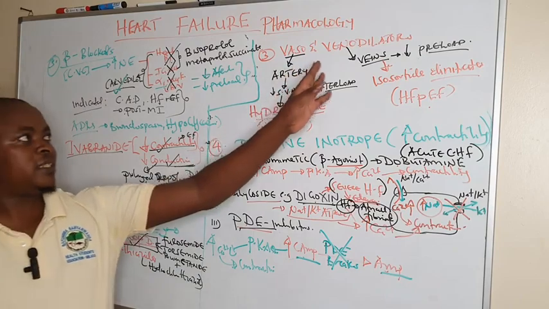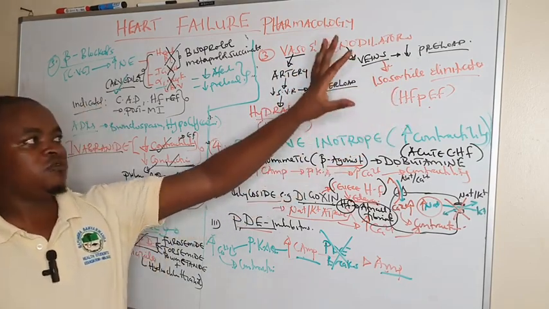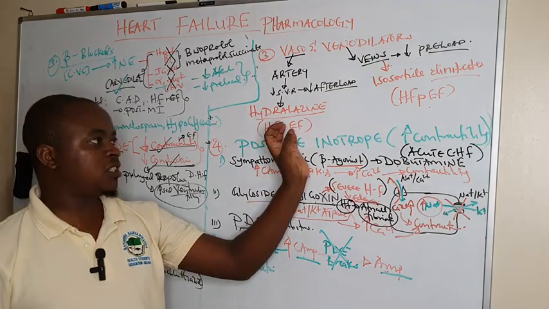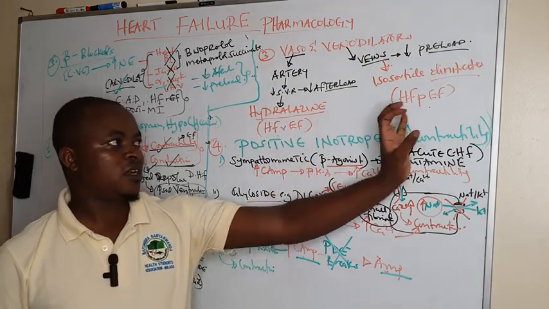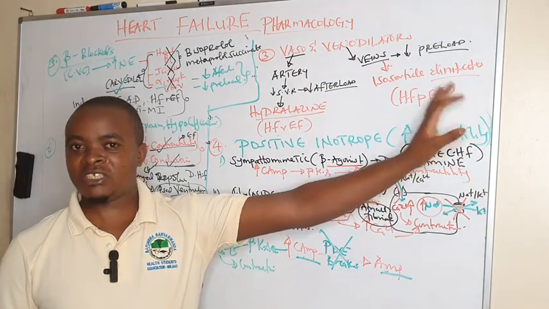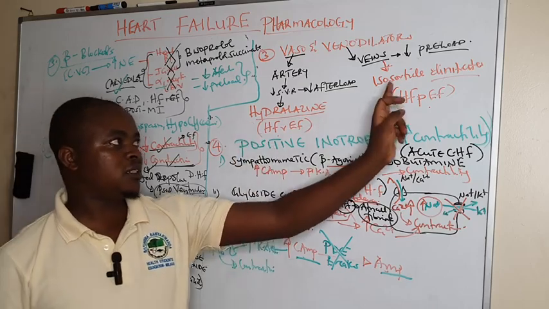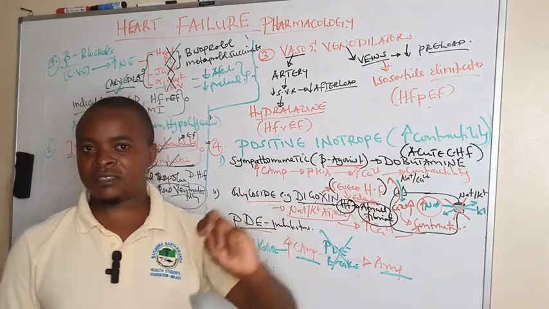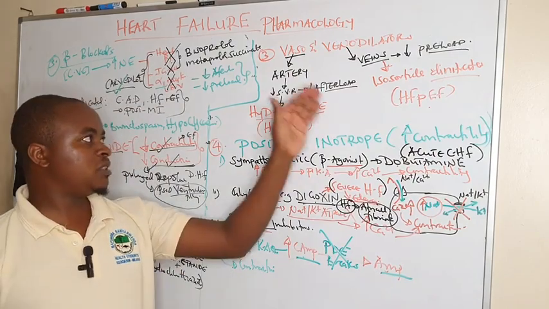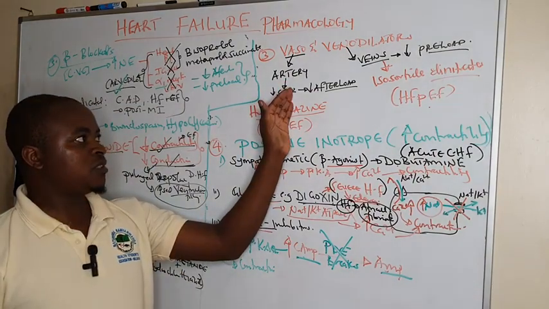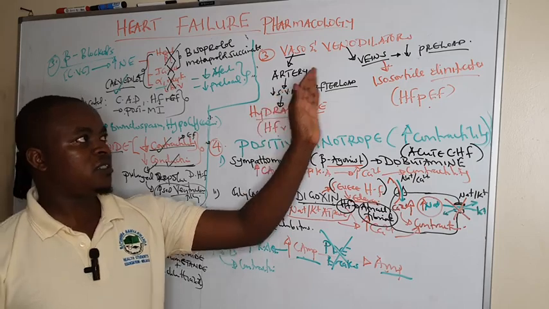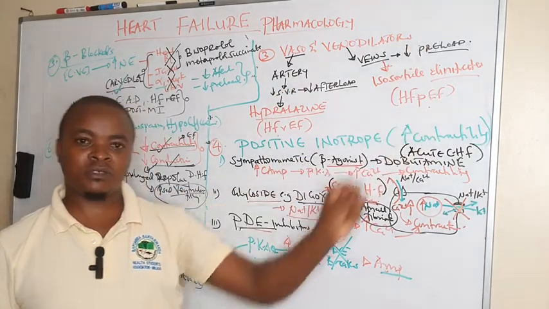Then the vasodilators and the venodilators, treating both heart failure with reduced ejection fraction and preserved ejection fraction, which is normal. An example is hydralazine and isosorbide dinitrate, which can be used both on the arteries, decreasing afterload, and on the veins, decreasing preload.